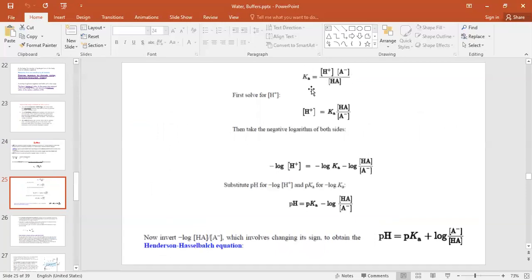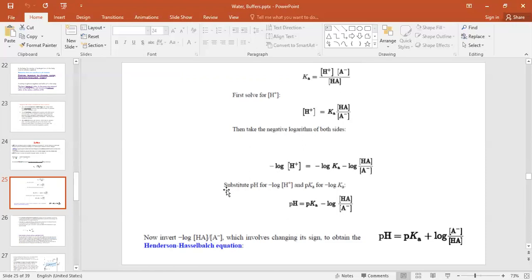Now let's solve this expression for hydrogen ions. Then take the negative logarithm of both sides: the negative logarithm of the hydrogen ion concentration, the negative logarithm of Ka, and this ratio.